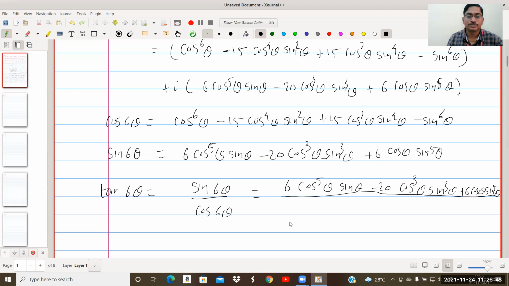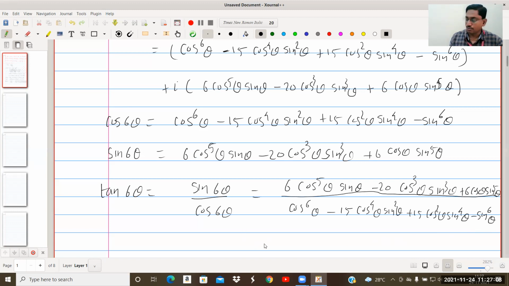This is divided by cos 6θ: cos^6 θ minus 15 cos^4 θ sin^2 θ plus 15 cos^2 θ sin^4 θ minus sin^6 θ.